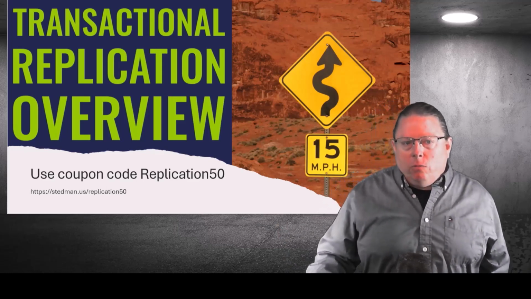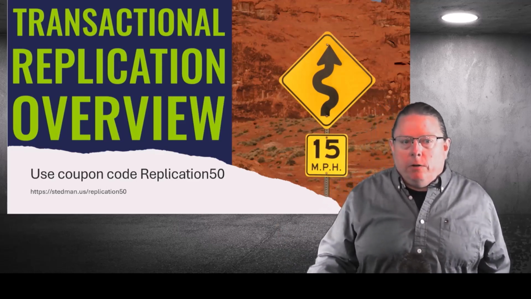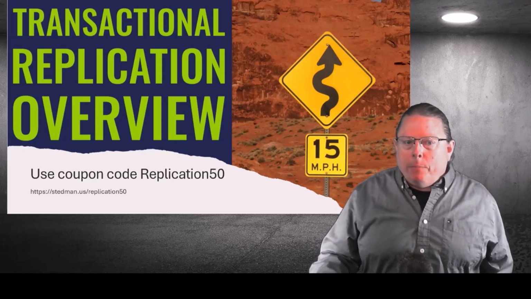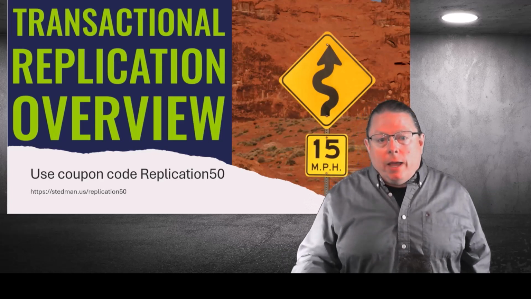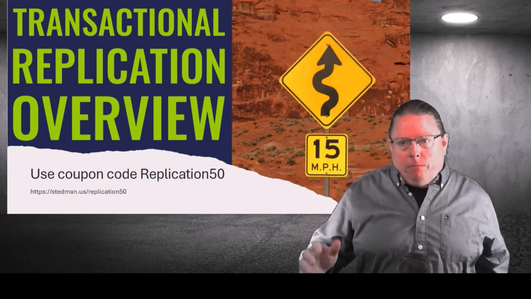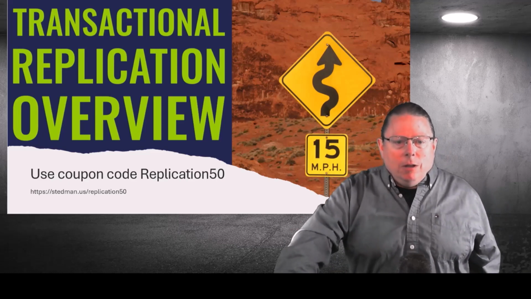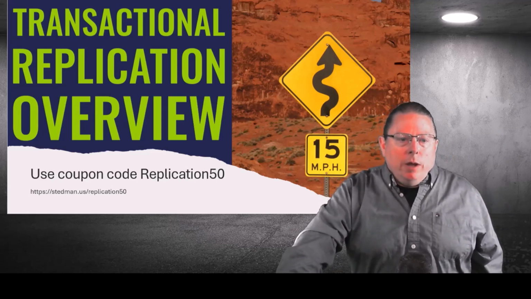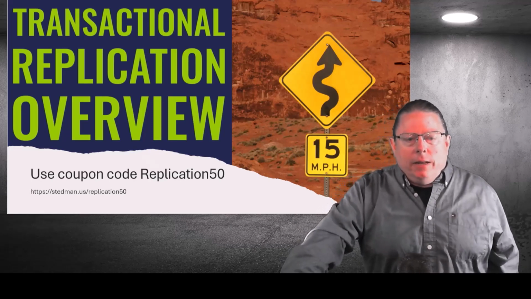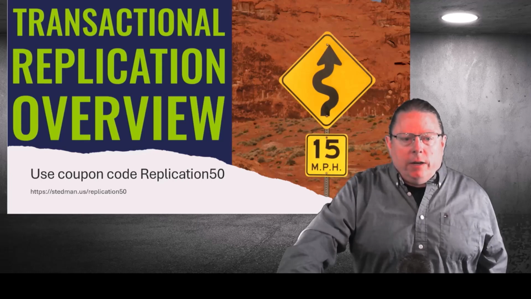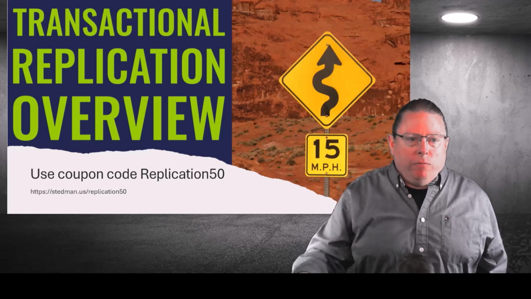With transactional replication, you can control the interval of how often that happens. You may need to have that happen once a minute, or once an hour, or it could even be once a day. If you went that long, it would be very similar to snapshot replication because it would be just as stale. But how often that data gets moved is an important factor in understanding what you're using that subscriber database for.